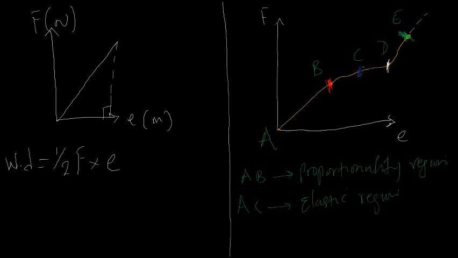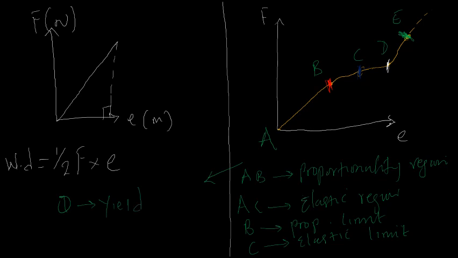And then B is the proportionality limit. B itself, that point is the proportionality limit. And C is the elastic limit. And then D is the yield point.